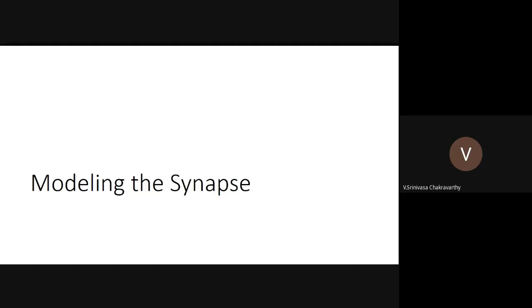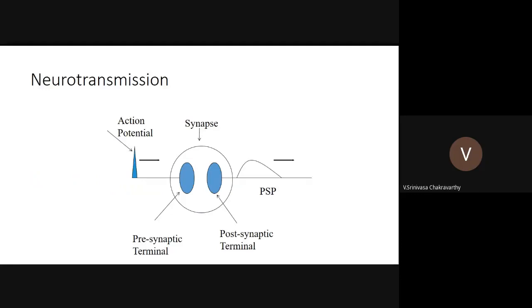So we have four signaling components. The next component we'll be discussing is modeling the synapse. Just a quick recap of synaptic function. At a synapse, you have an action potential traveling from the axon hillock to the presynaptic site.